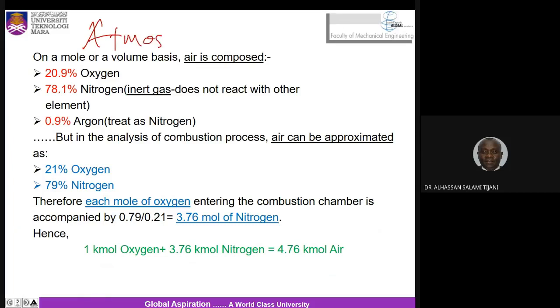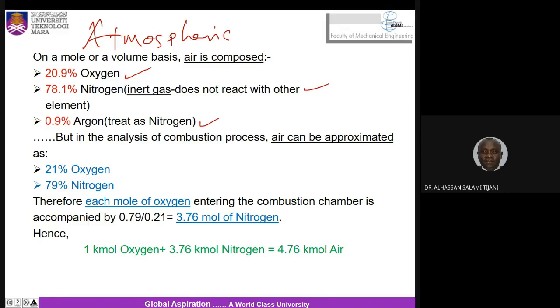All right, so now let us look at atmospheric air, the basic constituents of atmospheric air. Atmospheric air normally consists of 20.9% oxygen, 78.1% nitrogen, and 0.9% argon, which can be treated as nitrogen.